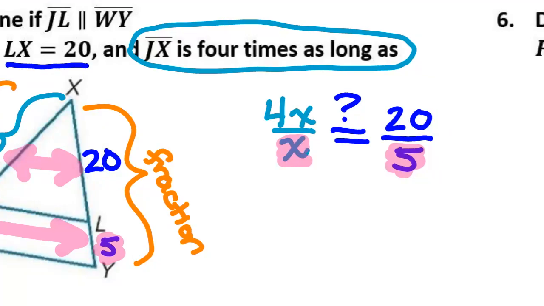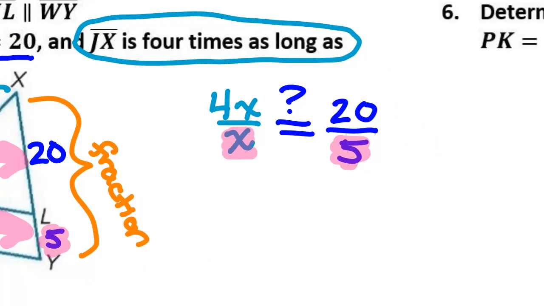And now I'm going to divide. What is 20 divided by 5? 4. Here I have x divided by x. I know there's a 4 up there also, but I'm looking at just this part right here. If x was a number, let's say x is 7, I'd put a 7 in both of those spots. What's 7 divided by 7? 1.